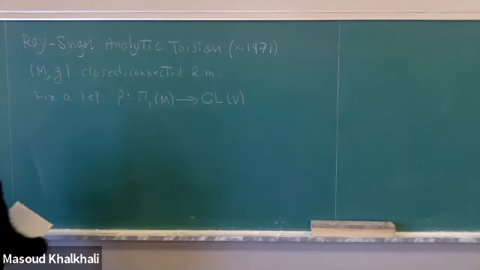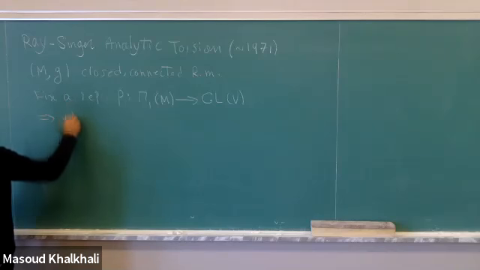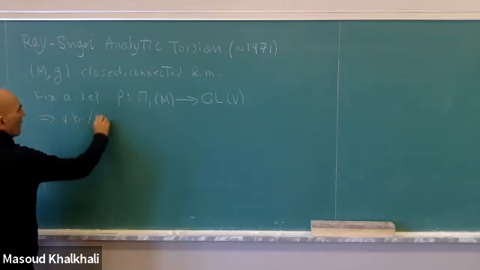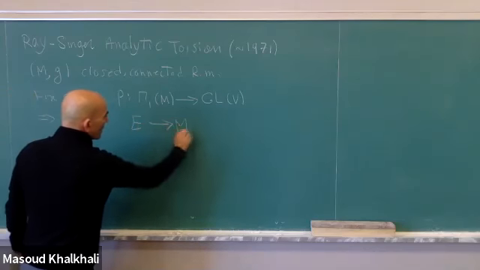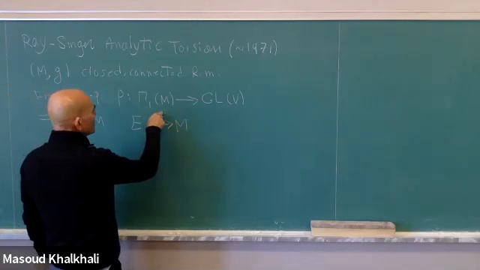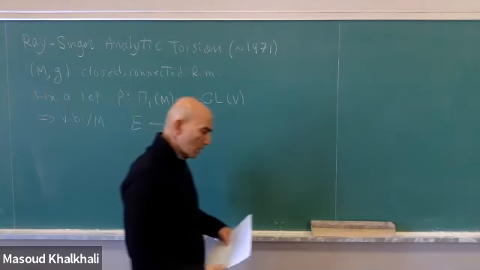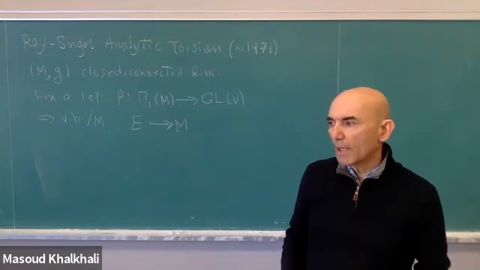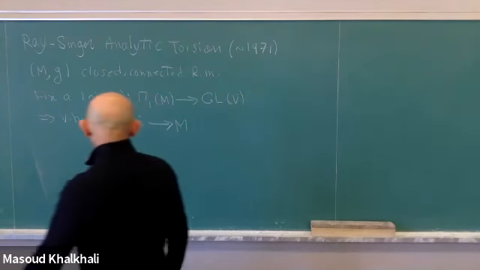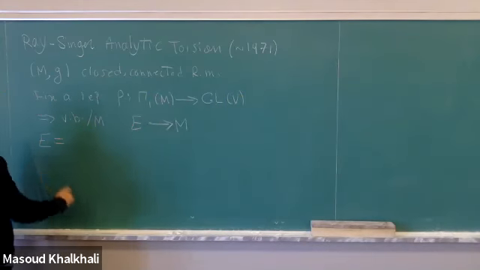Then what you can do is get a vector bundle over M. Let's call this E, the associated vector bundle to rho. How is this associated bundle defined?